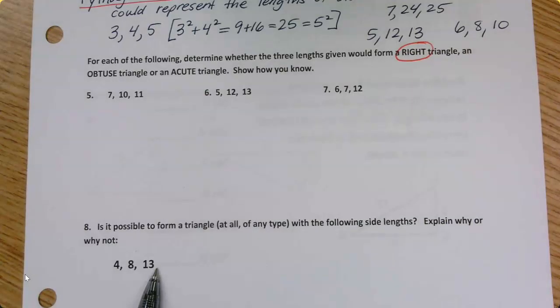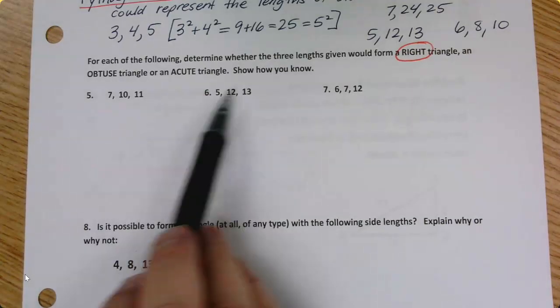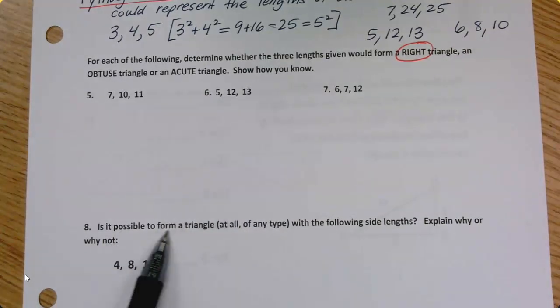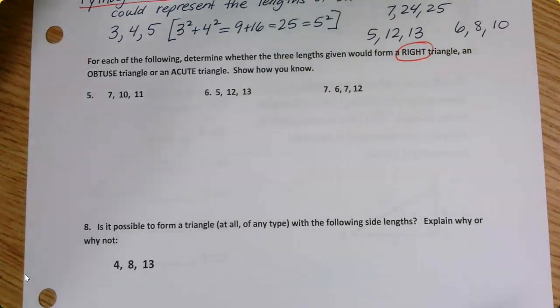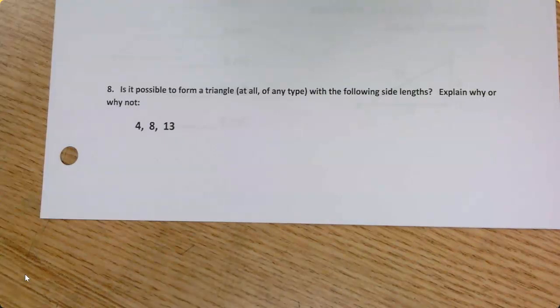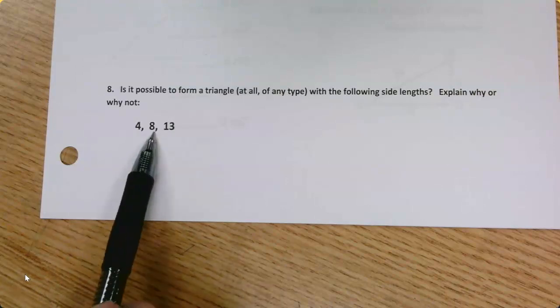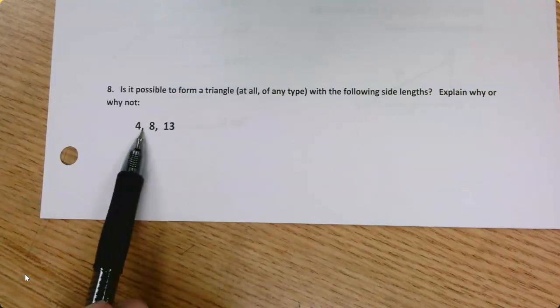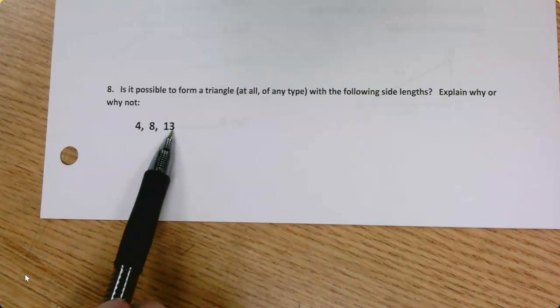So let's look at that first. Very often in problems like these, the first question is, can it even be a triangle? So number 8 is asking, can it be a triangle? And on that one, it's not Pythagorean theorem based. It's just, can these 2 sides meet if they're attached at the end of this side?